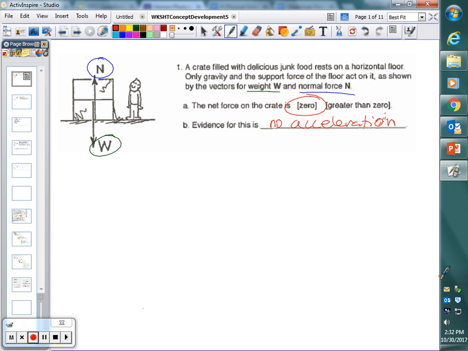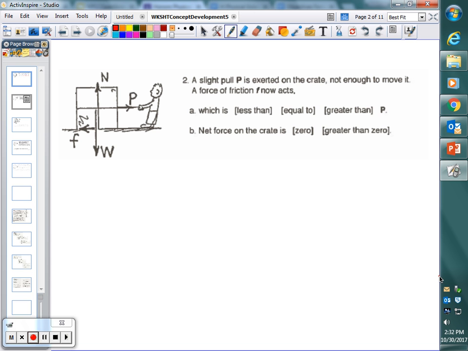Okay, so we want to move the crate. It says a slight pull, P, is exerted on the crate, but not enough to move it. So when we did our lab from last week, there was a question very similar to this in the analysis part. If you pull on an object and it doesn't go anywhere, a lot of times our first instinct or our first explanation for that is what? It's too heavy.